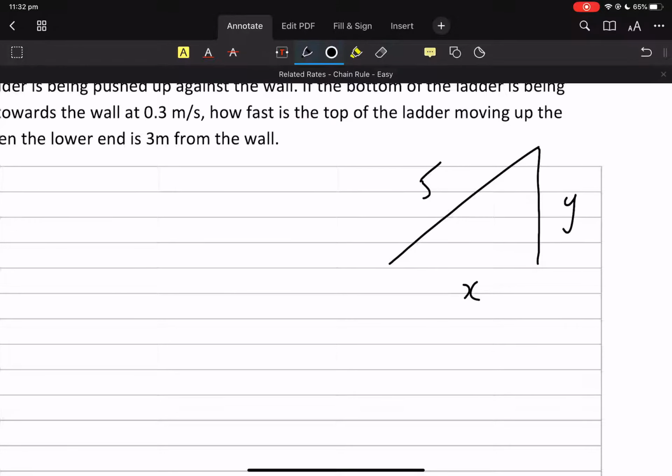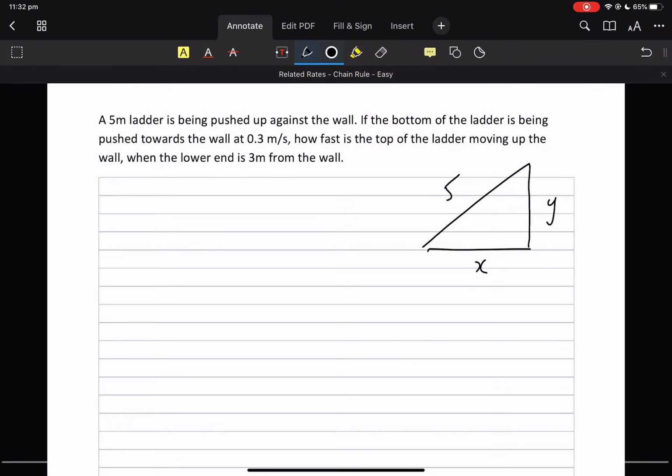Excellent. Just rub my diagram out. Here we go. Okay. So, we are getting dx/dt, so we're pushing towards the wall. So the x is getting smaller at a rate of 0.3.